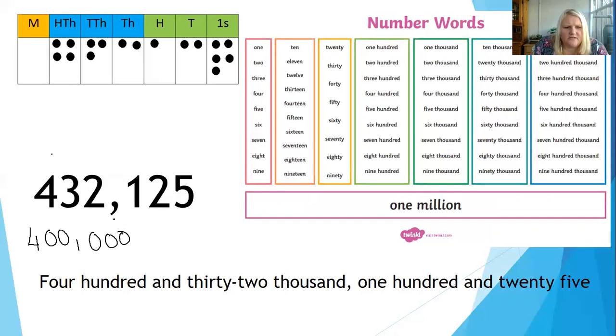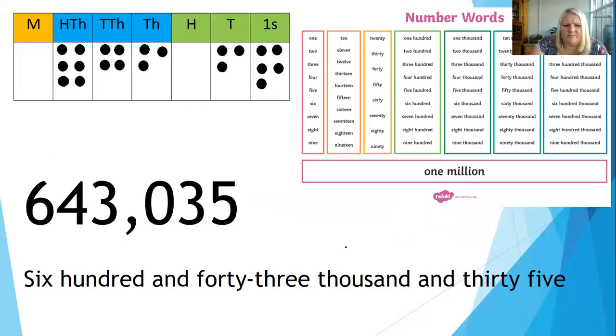So 432,000 is how we say it when we read it. Now I've put a comma here in my number, so I've put a comma here as well, just to remind us that we're splitting it up. 125.